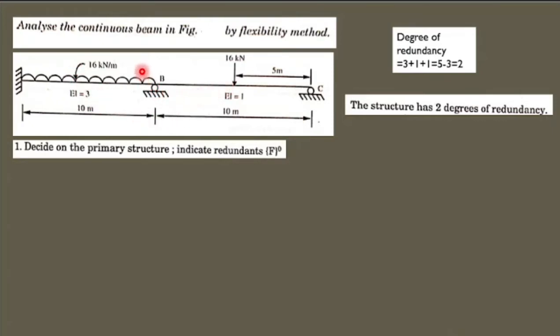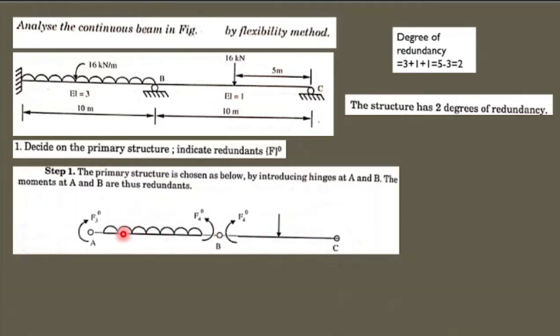So member 1 is a beam and member 2 is a beam. You will be having two beams. Beams are otherwise known as elements here in the matrix flexibility method. So you have to split into two elements. Note here that the supports are removed. So this is known as the primary structure, and you have to indicate the F naught.